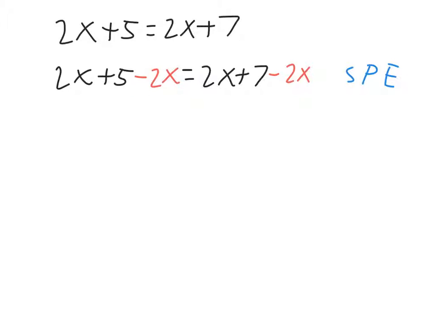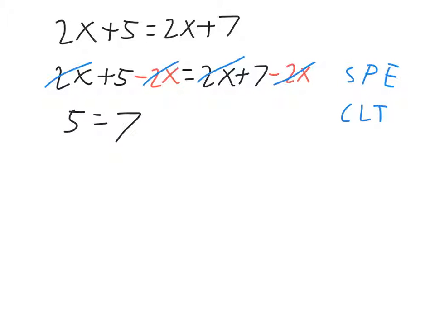Then, by combining like terms, notice that 2x minus 2x is 0. The 2x's cancel here to leave just 5. And on the right side, 2x minus 2x, again, those cancel each other out to leave just 7. So now we have something that says 5 equals 7.